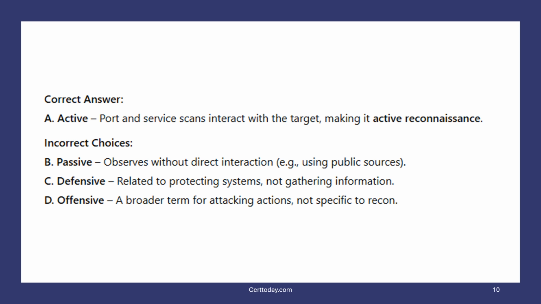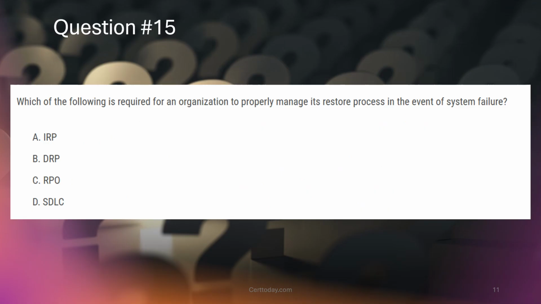C is incorrect because defensive is related to protecting systems, not gathering information. And D is incorrect because offensive is a broader term for attacking actions, not specific to reconnaissance.